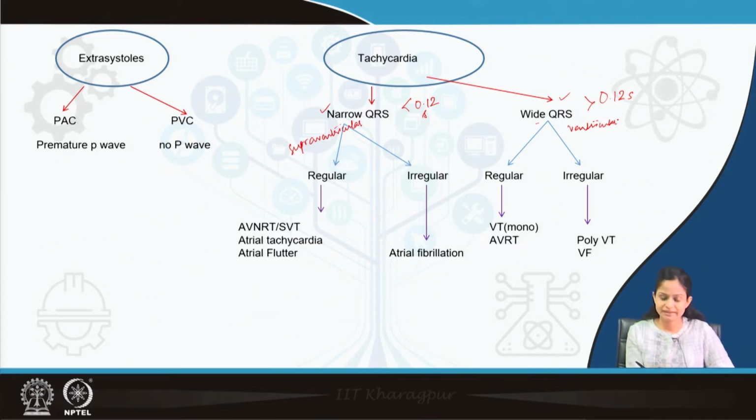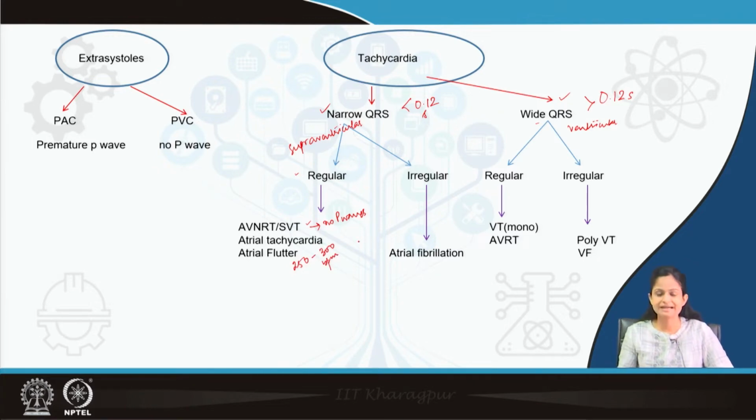Narrow QRS complexes which are regular in nature are generally AV nodal reentrant tachycardia, that is SVT, paroxysmal supraventricular tachycardia, where generally we do not have any P waves. Then there is atrial tachycardia and also atrial flutter, where usually the atrial rate is between 250 to 300 beats per minute.